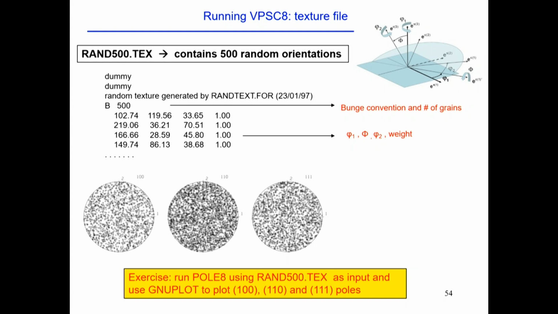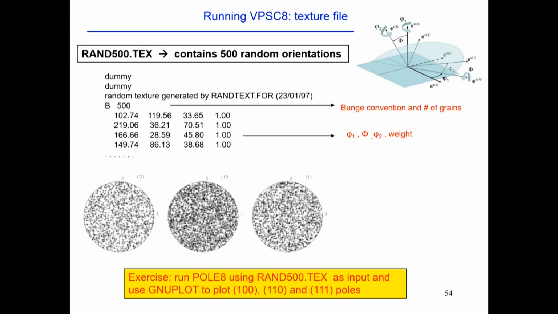You remember that we were showing that, in particular, the Euler convention is you have a first rotation by an angle phi1, which would be this angle around the axis 3, then around this axis of the crystal, you have a rotation of capital phi, which is this other angle, and then around this axis, you have a rotation of phi2, which is this angle.